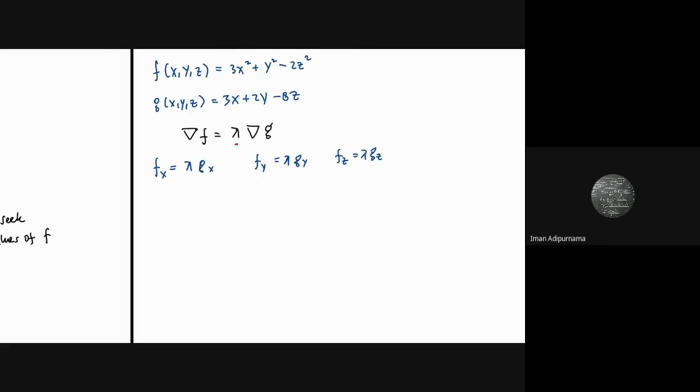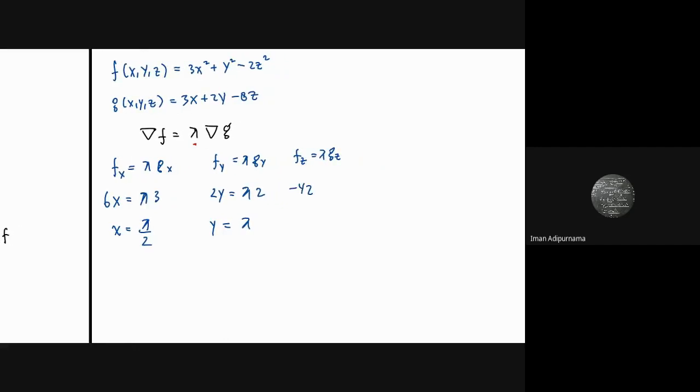And we are going to find the relations between these two and how the multipliers will be. And you can find that x is half lambda, and y will be lambda. Here is negative 4z, and then lambda negative 4, or z is 2 lambda.